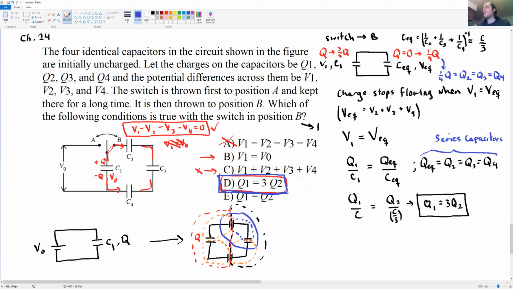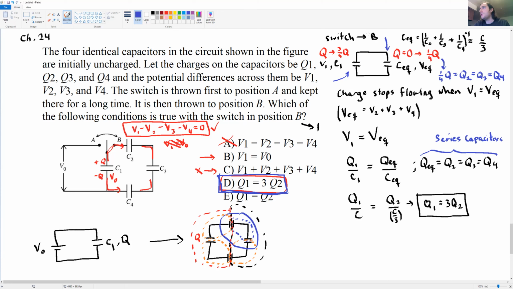So what we want to do is think about the capacitor here, C1, as beginning initially with some charge Q and a potential difference V1 on its plates, and then combine the other capacitors into a CEQ over here on the right-hand side.